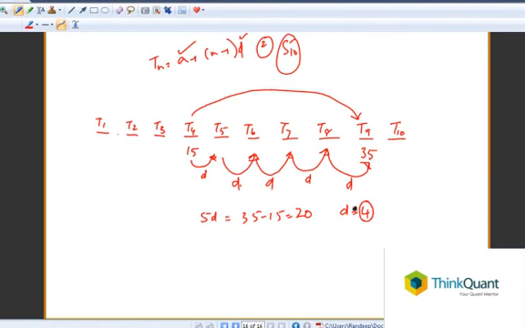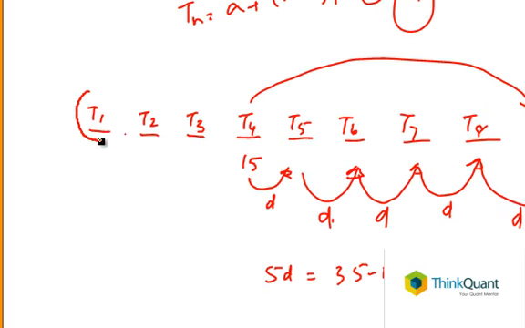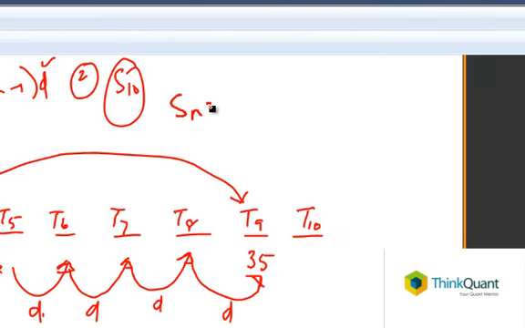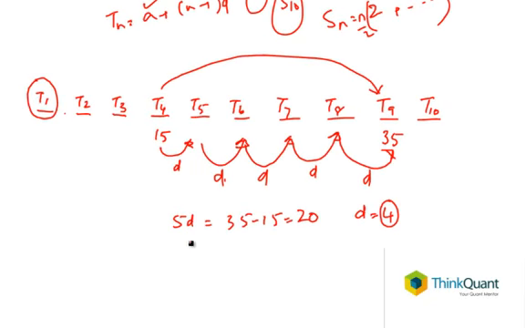So once we know d, we can find out t1, and then we can use the formula which says Sn is equal to n by 2 into 2a plus n minus 1 and all that. Now let's take an alternative approach, which is that the sum is equal to average of the AP into number of terms, which is 10.